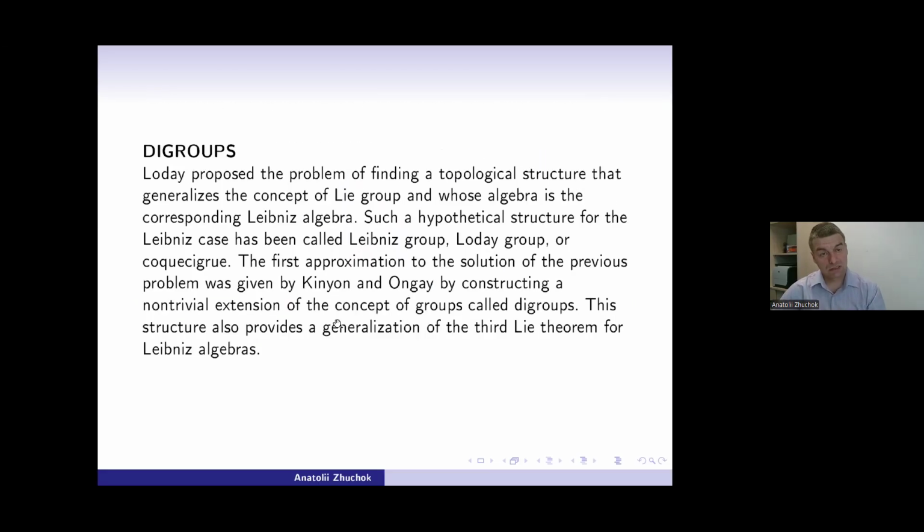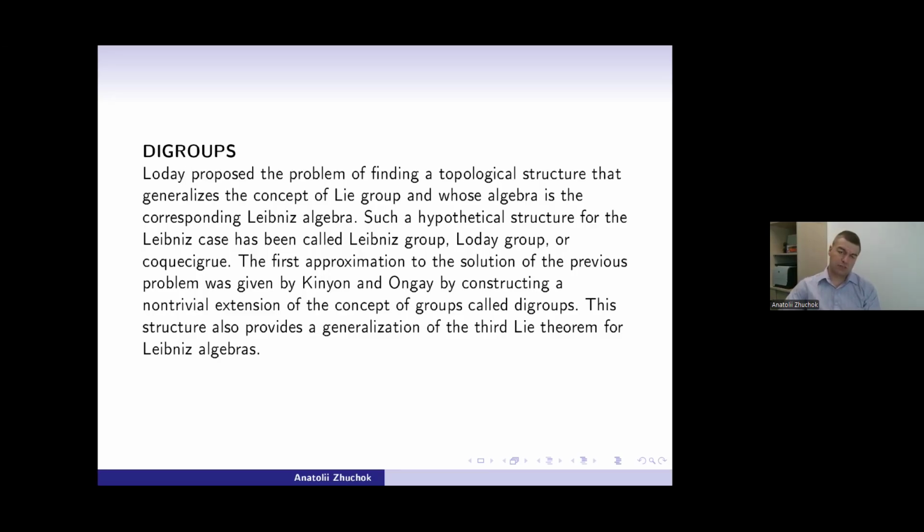Okay, and next the notion of D groups, the main object of the talk. Loday proposed the problem of finding structures that generalize the concept of Lie group, whose Lie algebra is the corresponding Leibniz algebra. Such a structure for the Leibniz case has been called in different ways, for example, Leibniz group, Loday group.